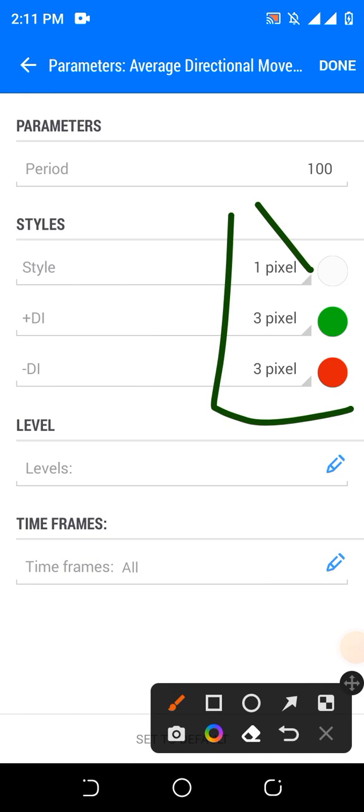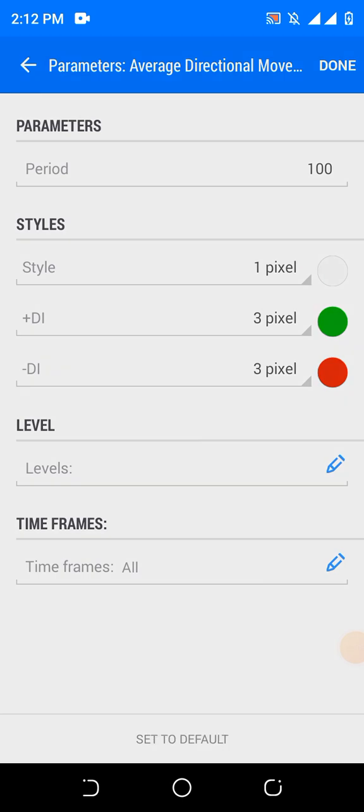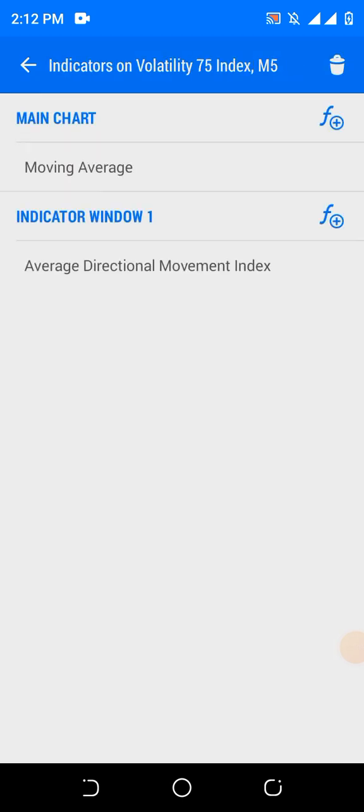If your screen background is black, you choose black, so that it will not reflect. The only thing we need is plus DI and minus DI. Once you are done setting it up this way, you click on done. Now let's go back to our chart and I will show you how to make use of this indicator and record massive profit.